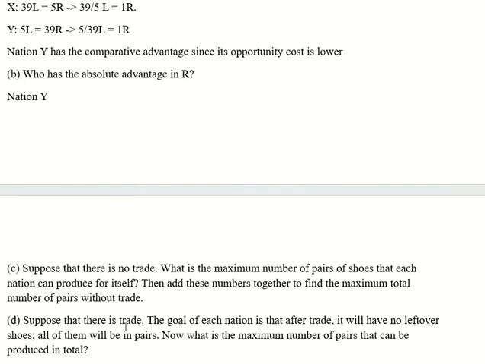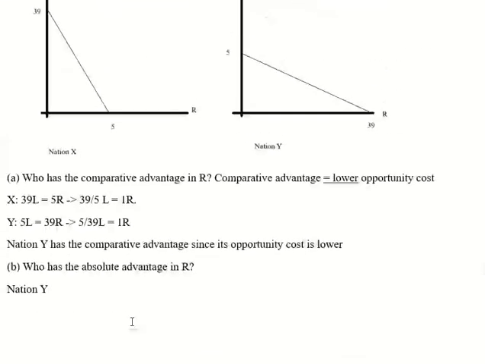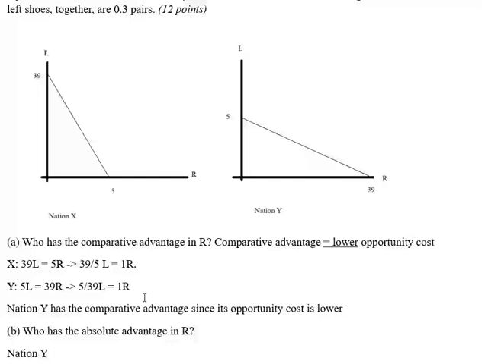The case with trade is easier, so I'll talk about part D first. If there's trade, nation X can specialize in what they do best, which is making left shoes. So they make 39 left shoes and no right shoes. Nation Y can focus on their strength, which is making right shoes.